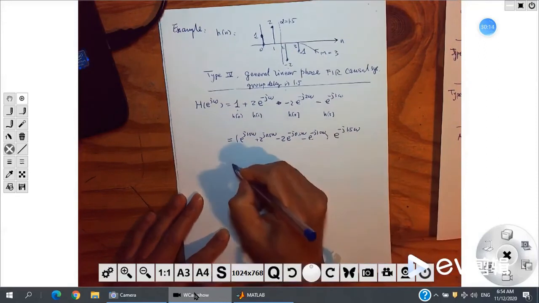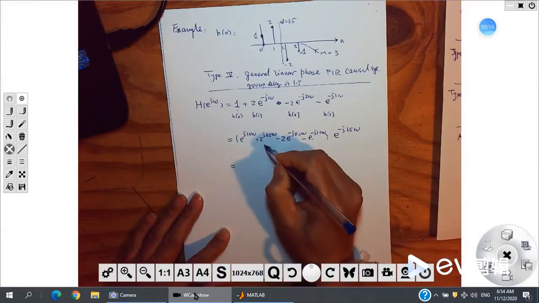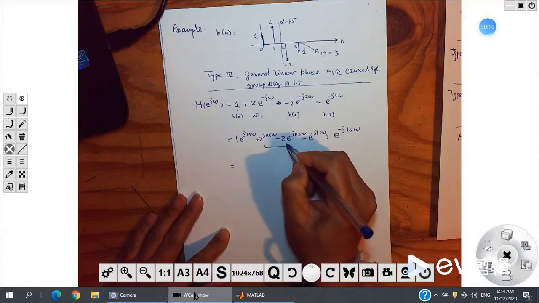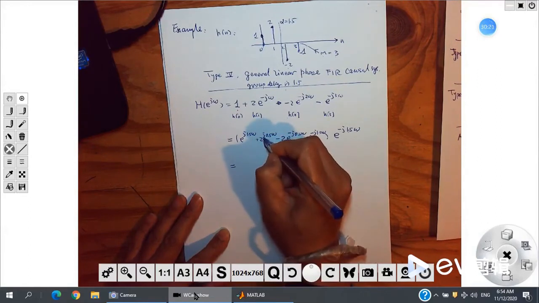Now you merge these two. Oh, sorry, this is 2 times e to the power.